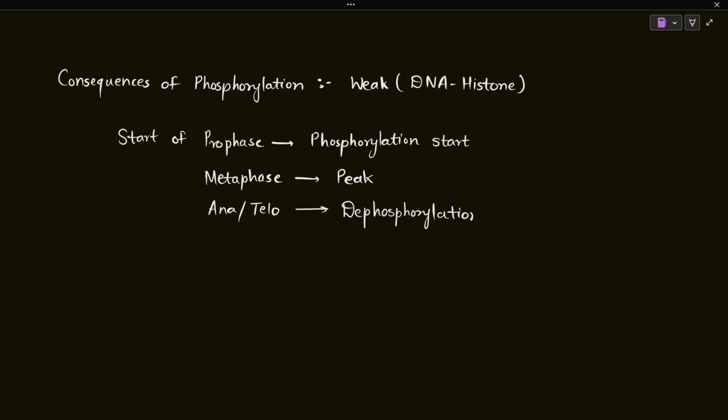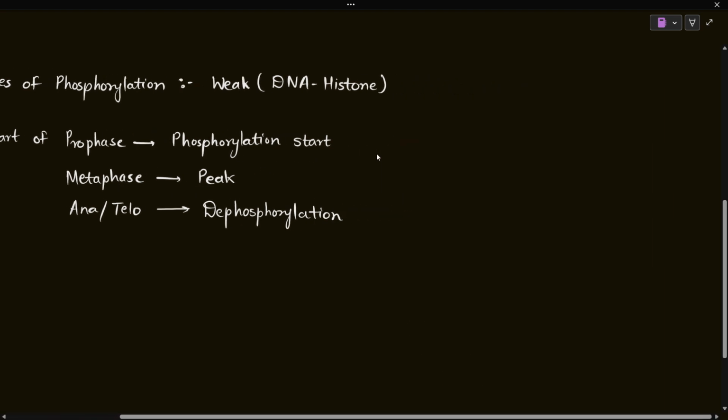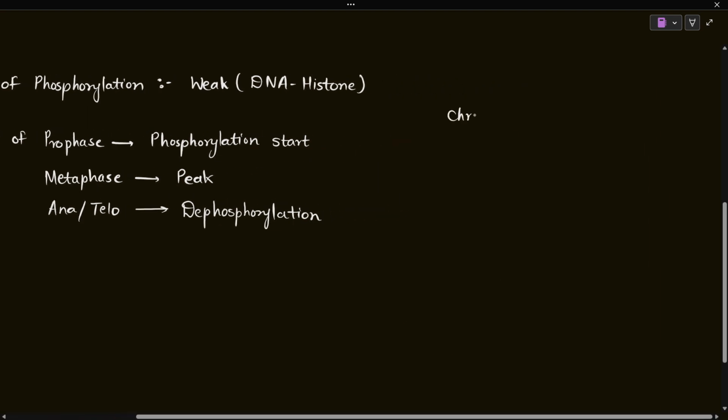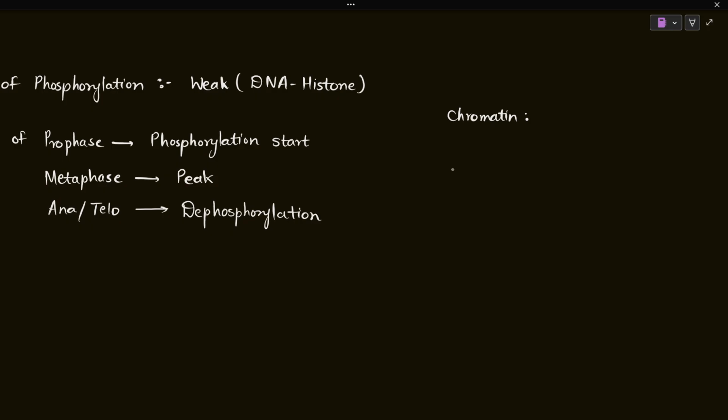All of you are aware of the chromatin state in the cell cycle, right? I hope you all remember that when we were learning about chromatin, we learned that the chromatin is present in the interphase stage. While in the metaphase stage, or say in the cell division stage, we have chromosomes.